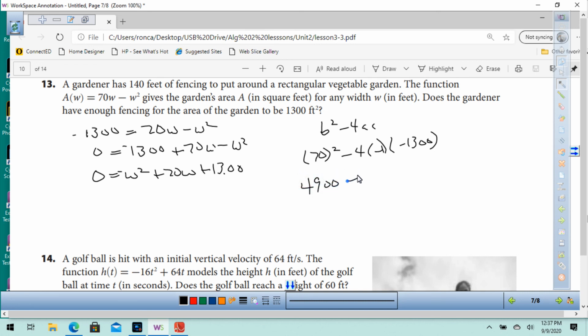And minus, well, negative 4 times negative 1 is positive 4 times 1,300, that's going to make that 5,200. So I'm thinking negative 300 is the answer. So since the discriminant is negative, we have two non-real solutions. So the gardener does not have enough fencing.